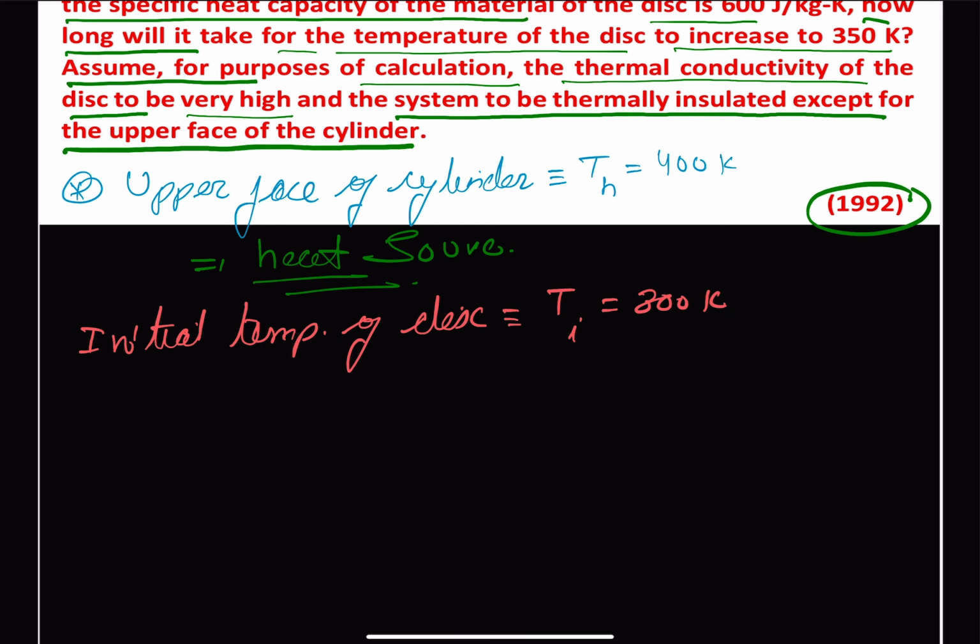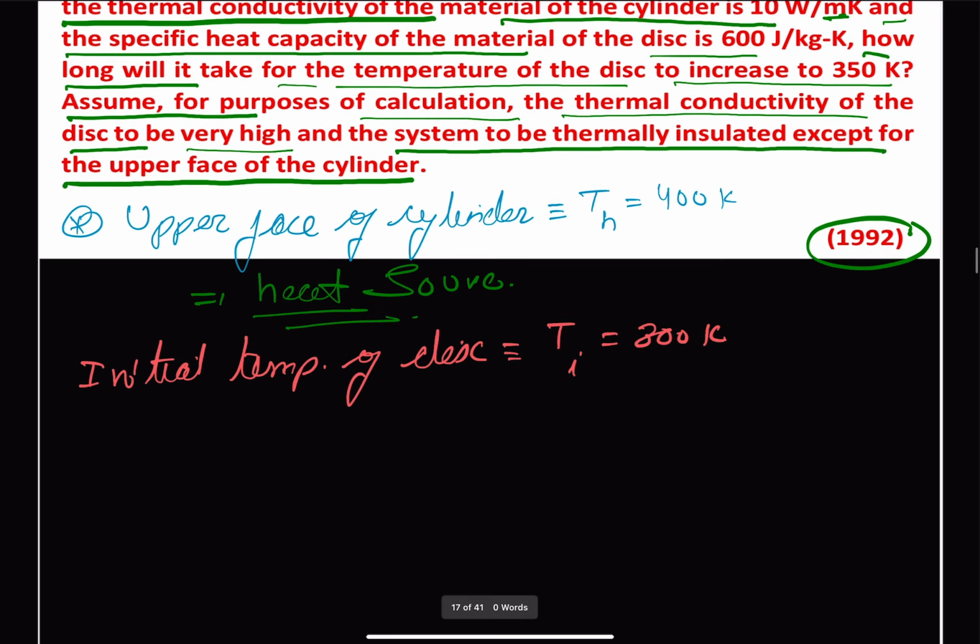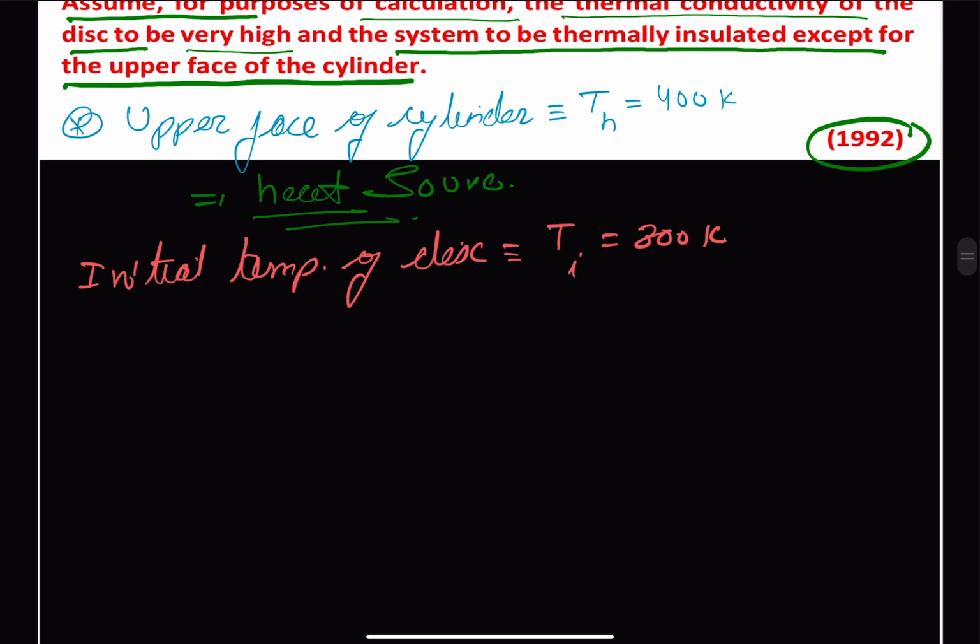And we want the temperature to be 350 Kelvin, so we can say the final temperature of the disc is Tf, and that is equal to 350 Kelvin.